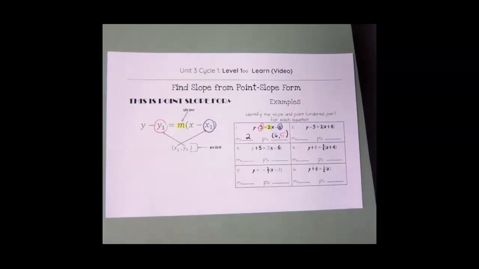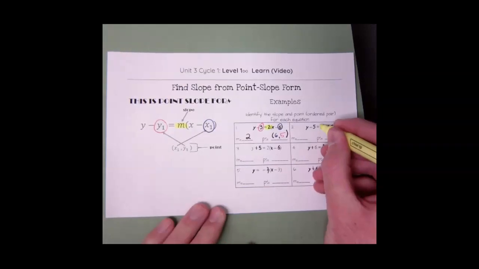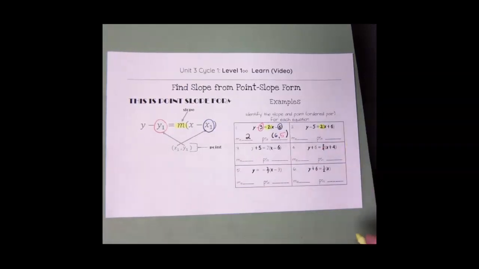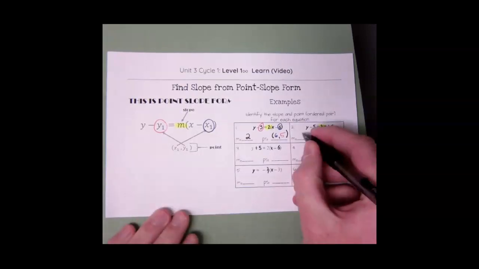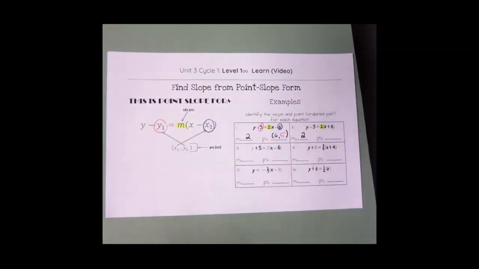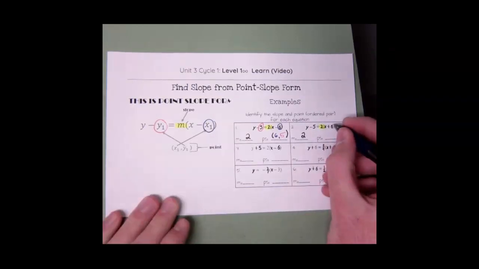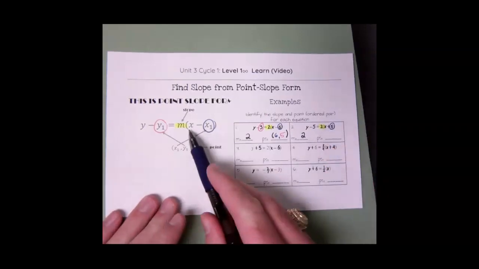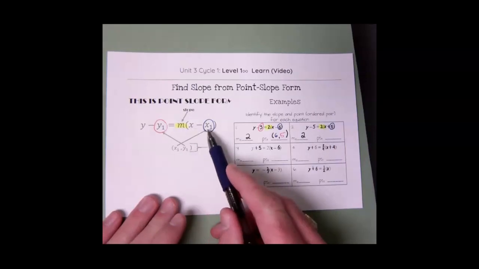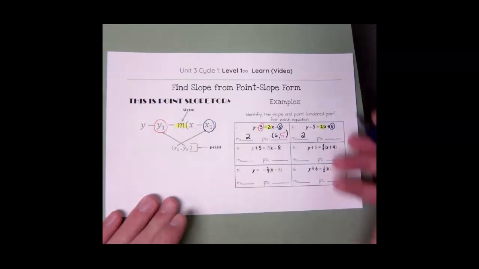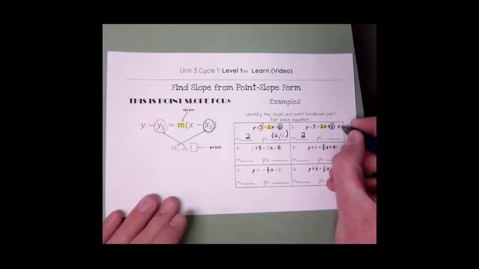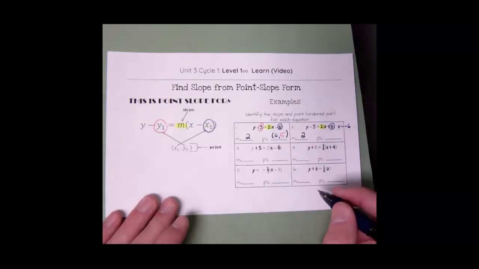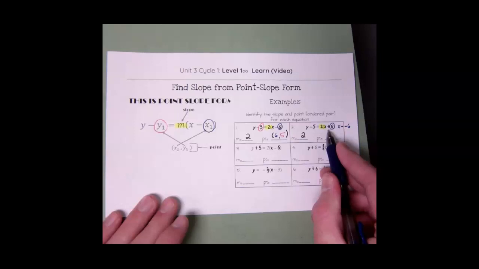Okay, let's take a look at the next one. My slope is still 2. Nothing's changed there. It's still what's in front, so my slope is 2. Now my point, my x value, remember, is what is inside the parentheses. So my x value, it says it's 6. Now, my equation says x plus a number. So if I were to put that in this format, it would actually be x minus negative 6. Right? Because two negatives make a positive.